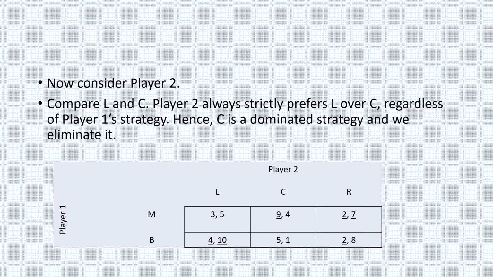So first, let us compare L and C. If player 1 plays M, then player 2 gets 5 by playing L and 4 by playing C. So player 2 prefers L over C. If player 1 plays B, then player 2 gets 10 by playing L and only 1 by playing C. So in this case also, player 2 prefers L over C. So in summary, player 2 always prefers L over C regardless of whatever strategy player 1 chooses, and hence C is an example of a dominated strategy, and we eliminate C.